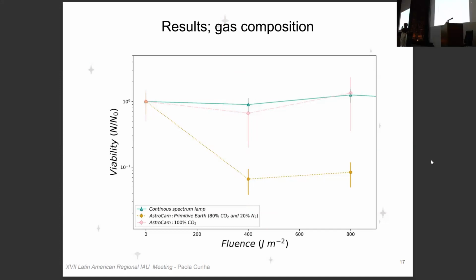We are not expecting that, and here we have 3 samples irradiated. So we would like to investigate it more to see what is happening here. But you can also see that our results for 100% CO2 are very close to our continuous spectral lamp results.